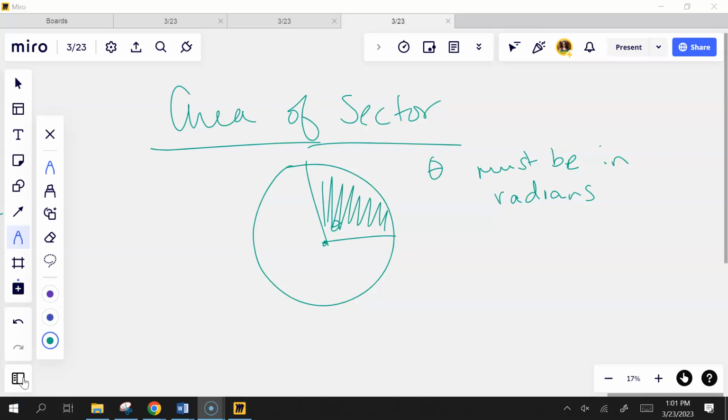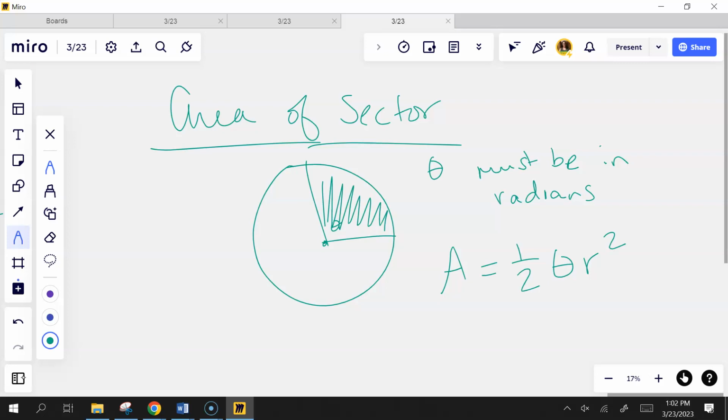It's probably going to be given in degrees, so you're probably going to have to convert. It's all good. We're going to get it in radians, and then the formula: one half theta times r squared. Theta is the central angle.